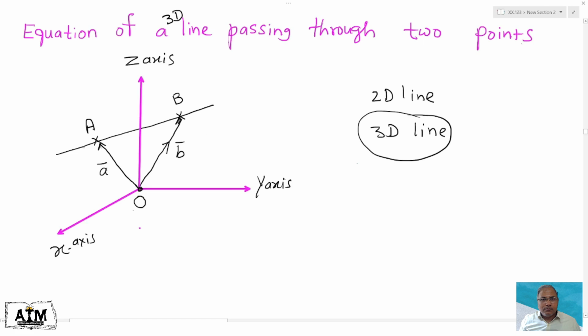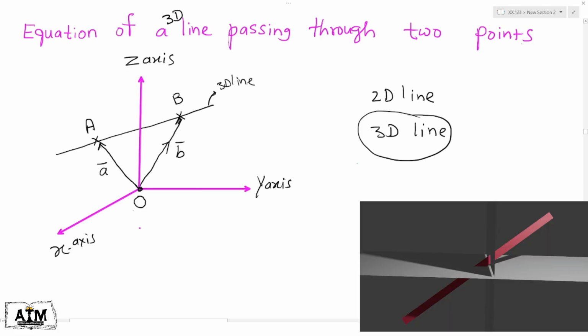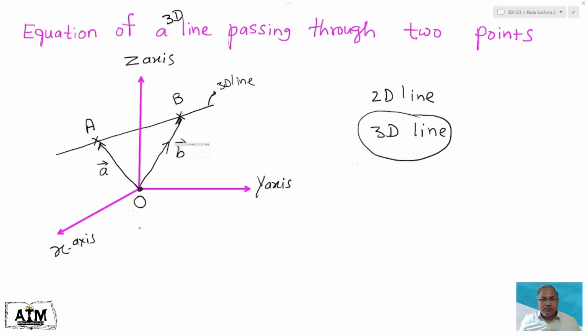So we have considered the 2 points on the 3D line. This is a 3-dimensional line, and it is passing through the 2 points, point A and point B, and their position vectors are vector A and vector B. Now we'll consider a point P on line AB.